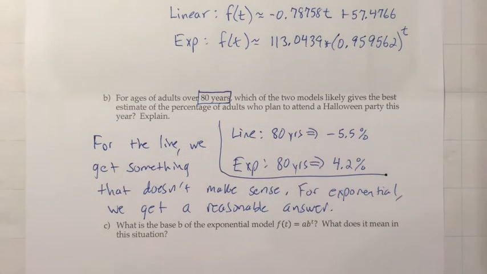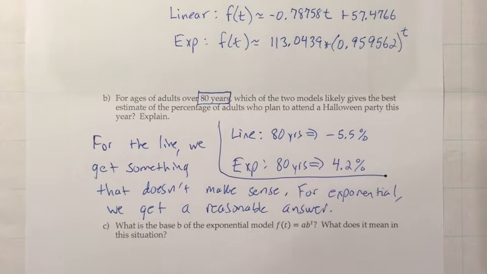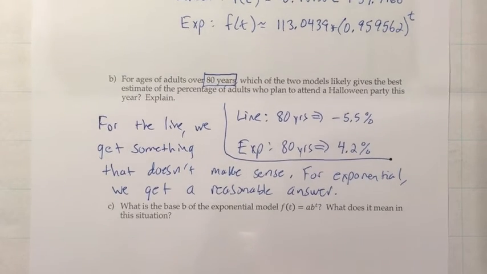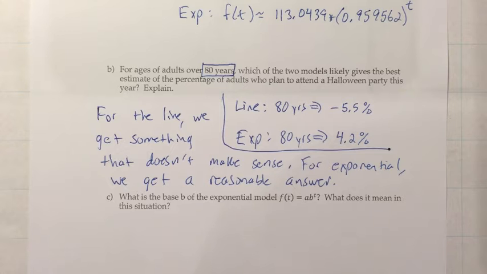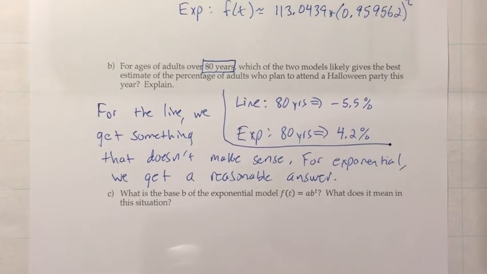So I guess you could argue then that the model is breaking down sooner for the line than for exponential. I still think which one you use should be based on how well it fits the data and not focus too much on 80-year-olds when that might not be the people that you really want to talk the most about when you're doing Halloween party discussions. But it does seem to still indicate the same as the graph that exponential is probably the better choice.